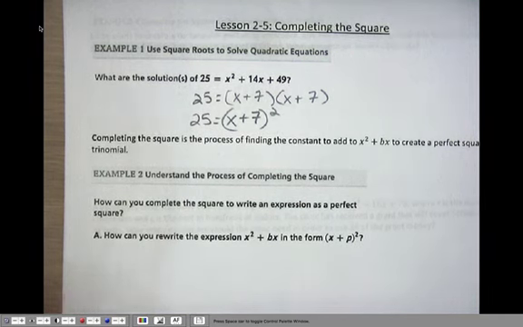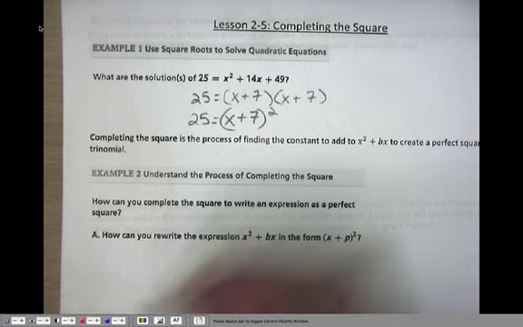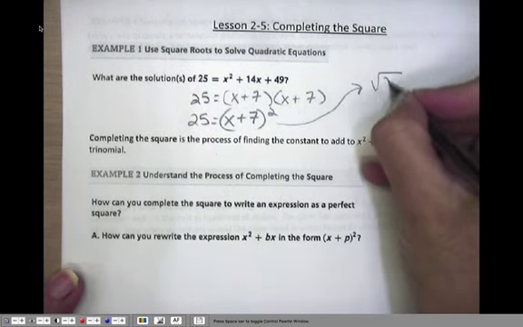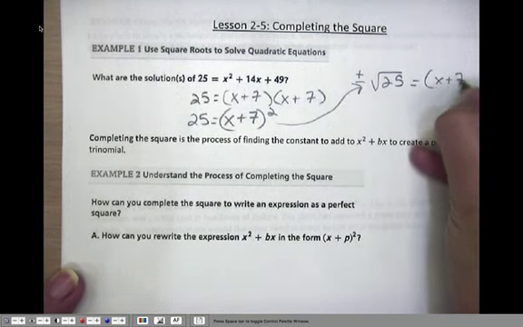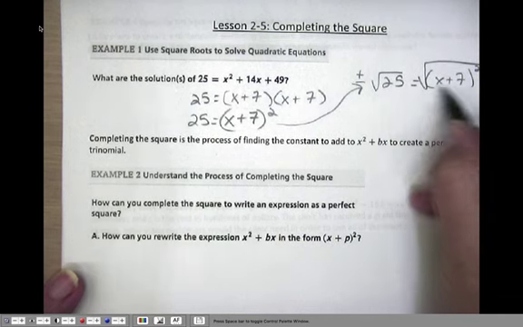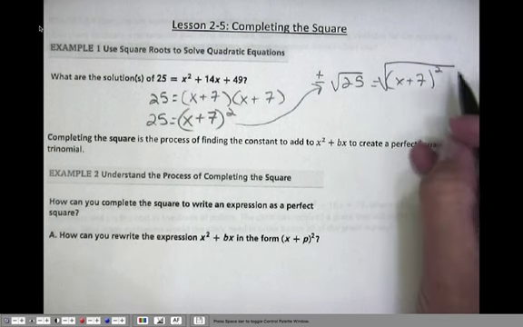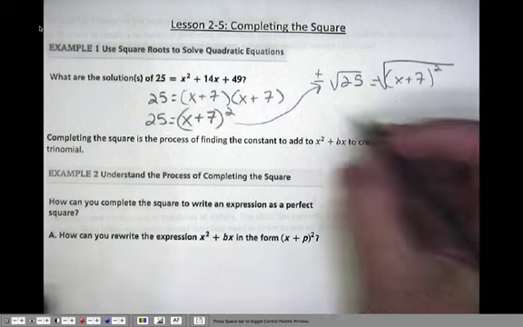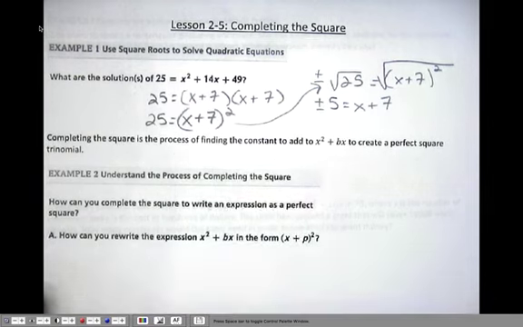And now I can take the square root of both sides of the equation as a different way of getting x by itself. So when I do that, remember that this square root and this squared will basically cancel each other out, and conveniently here, the square root of 25 is 5, so plus or minus 5 equals x plus 7.